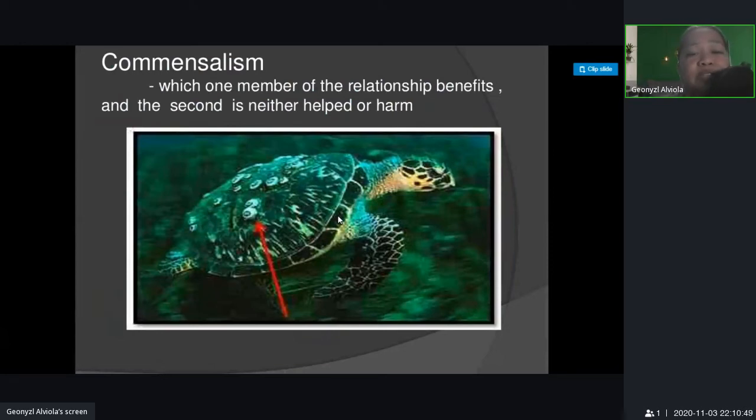Sometimes these barnacles will also reach the head and cover the eyesight, blinding the turtle. So it may reach a negative effect, but at the beginning it may show no negative effect towards the turtle.